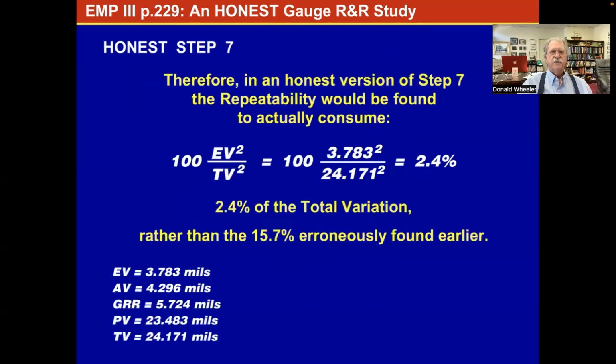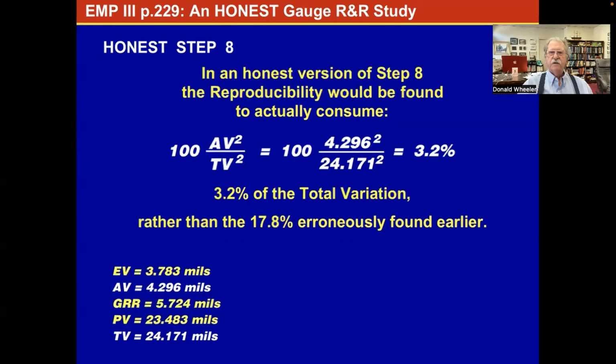So, honest step 7. Repeatability is found to actually consume 2.4% of the total variation, rather than the 16% erroneously found earlier.